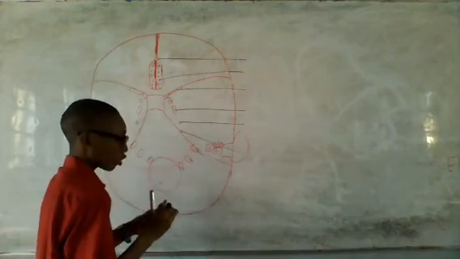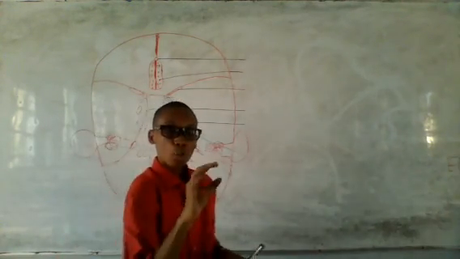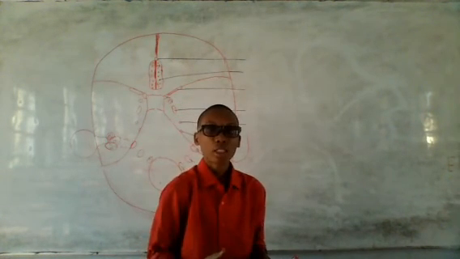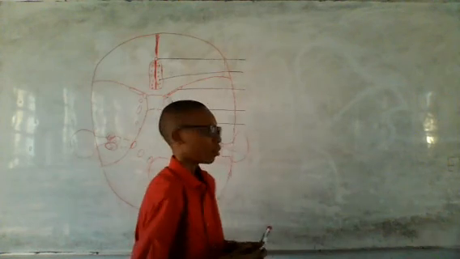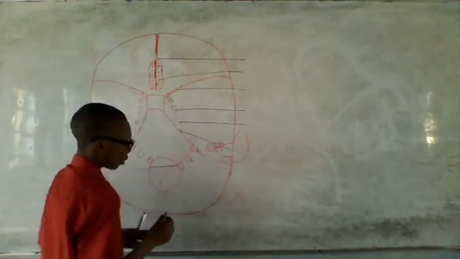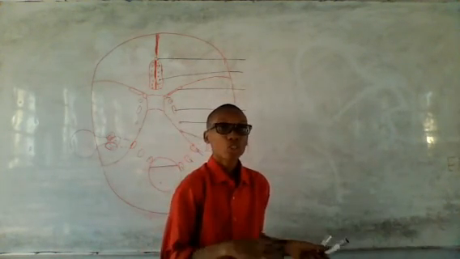The foramen magnum is divided into two parts. We have the anterior compartment and the posterior compartment. The anterior compartment is usually smaller than the posterior compartment, and the anterior compartment is usually tendinous. Structures that pass through it are usually tendons, connective tissues.